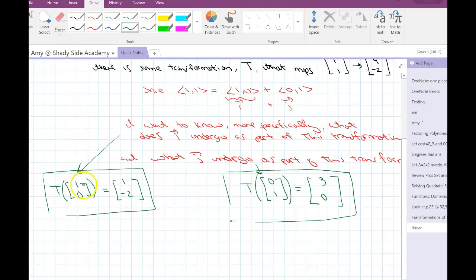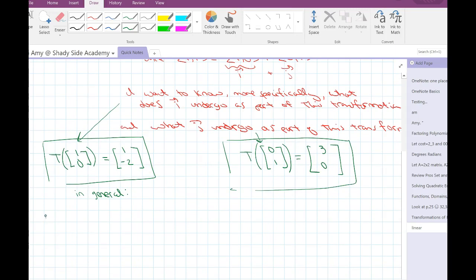And what I see is the following: (1, 0) equals (1, -2). In other words, the transformation from (1, 0) is that the x coordinate stays the same and the y coordinate is -2 times the x coordinate.